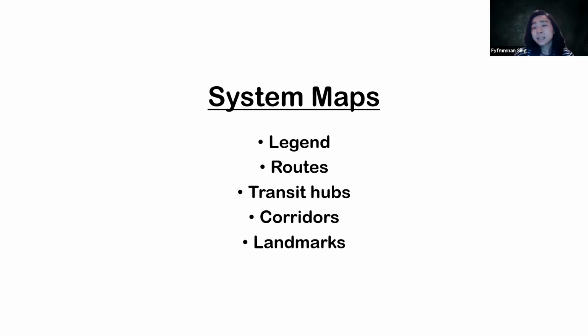When we're investigating transit hubs, we want to know, of course, where are the transit hubs? Usually they'll have on the legend a symbol or a group of symbols that denote the transit hubs. We also want to know what transit hubs or geographical regions the routes for one particular transit hub serve. In other words, if we're at transit hub A, can we go to transit hub B or C or D or E?